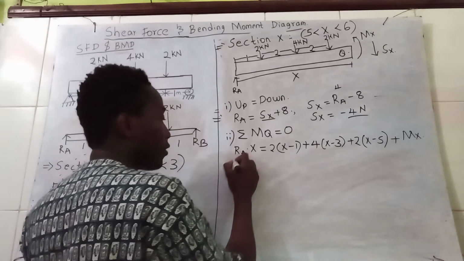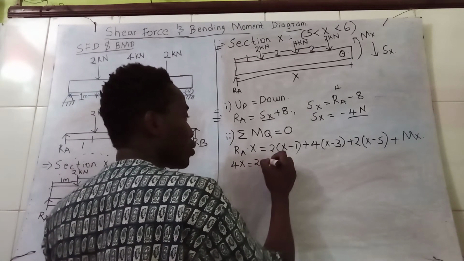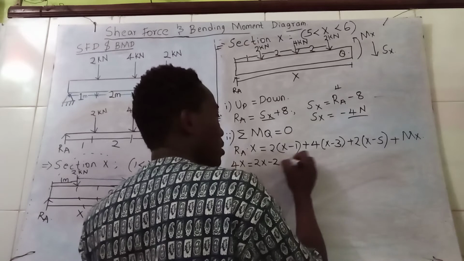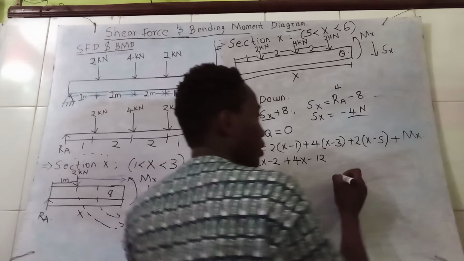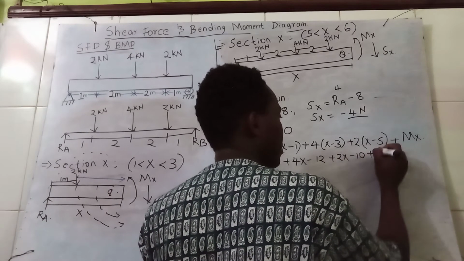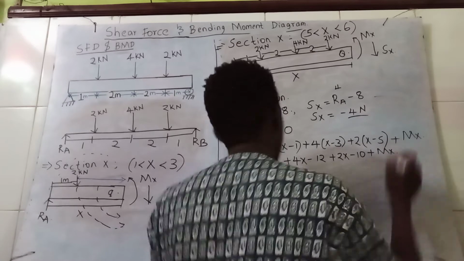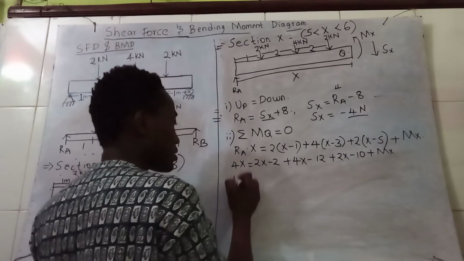Okay, so RA is 4. 4x equals 2x minus 2 plus 4x minus 12 plus 2x minus 10 plus M of x. So make Mx the subject.